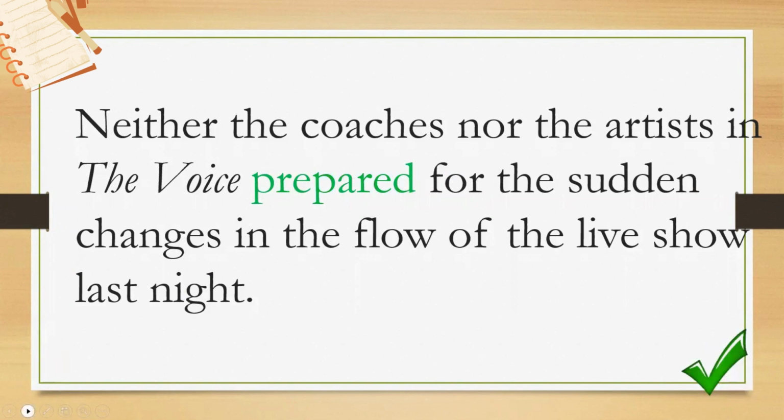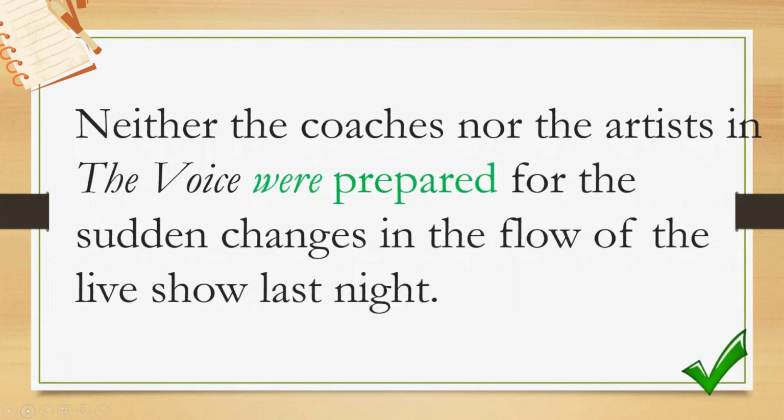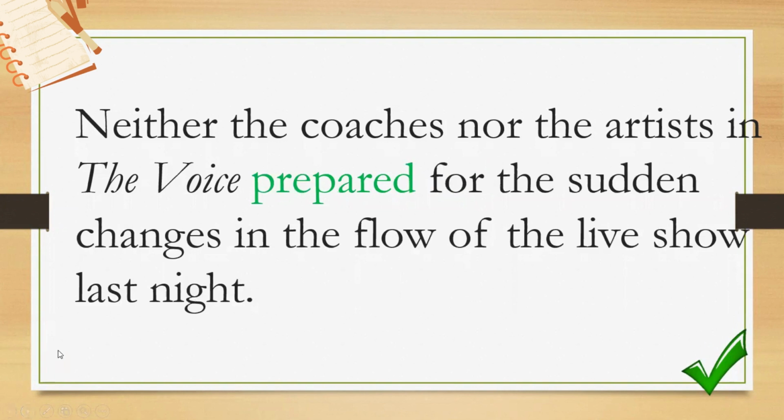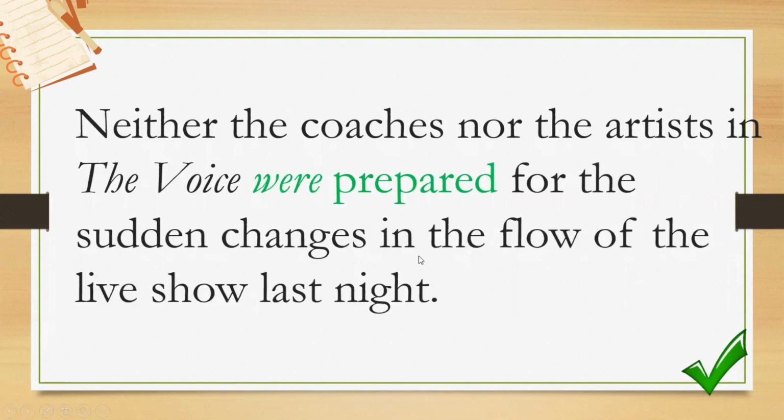So here, you can also say neither the coaches nor the artist in the voice were prepared. So here, it could be active voice, prepared, or passive voice, were prepared, still the past form of the verb because you have here the time marker last night.